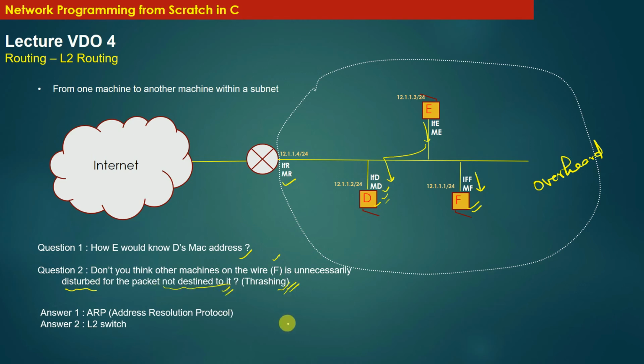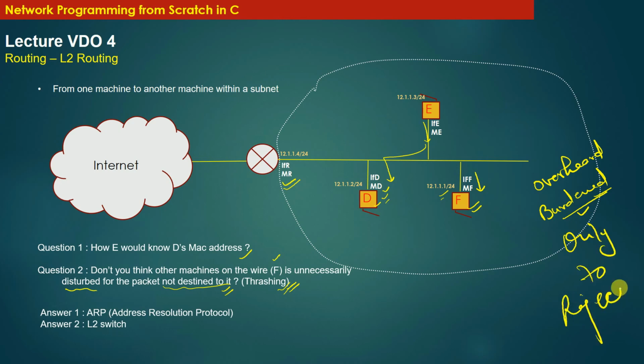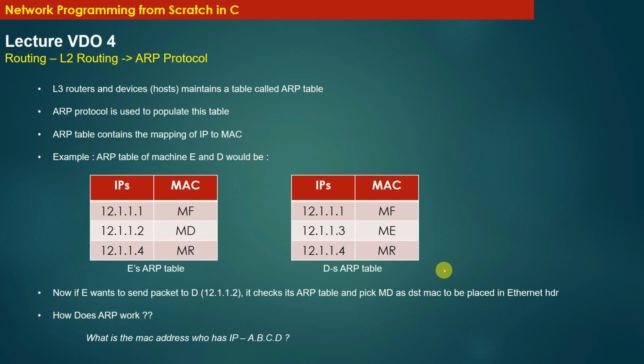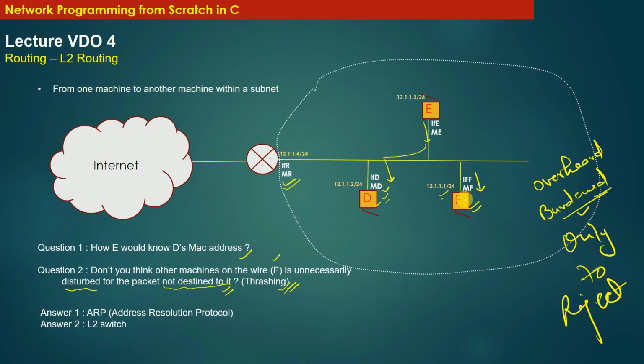It means that two machines in the subnet are communicating with each other, but other machines are unnecessarily burdened with the packet, and those machines receive this packet only to reject it, because the MAC address specified in the packet is not equal to the MAC address of the receiving interface.